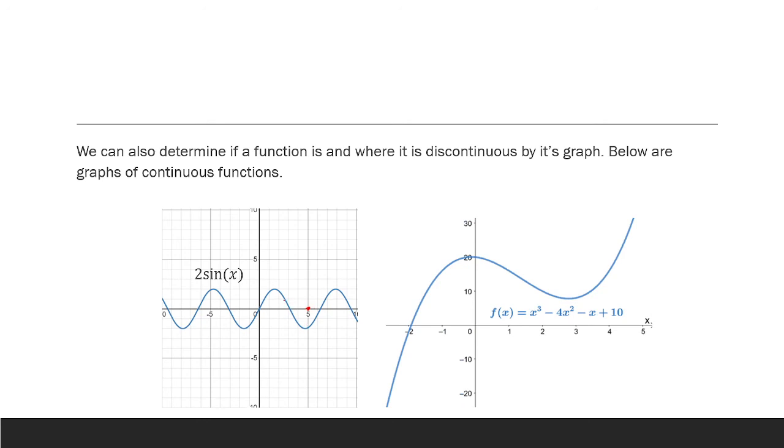So, kung susundan ko yung graph natin, dadaanan ko yung x is equal to positive 5 without lifting my stylus. So, ibig sabihin, continuous yung function natin. Kung gusto ko siyang daanan, madadaanan ko siya, hindi ko kailangang iangat yung lapis. So, therefore, it is continuous. Ganun din dito. This is the graph naman of x cubed minus 4x squared minus x plus 10. Makikita natin na walang putol.